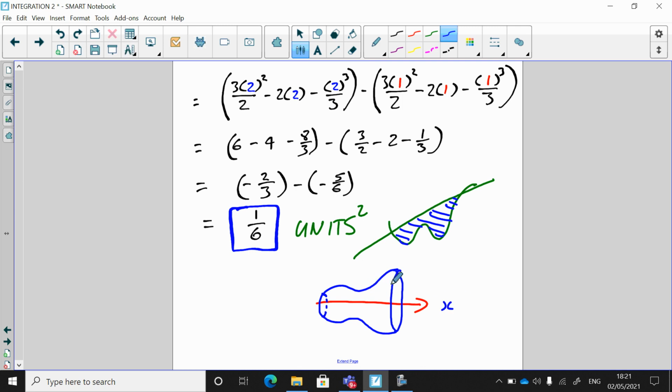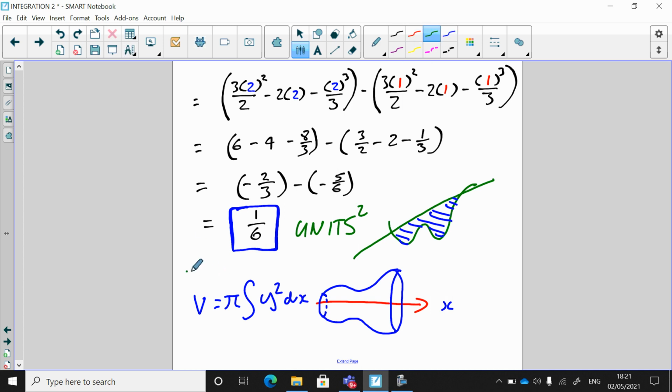So you could be coming up with some kind of volume there, and if you are, that would be the integral of pi y squared in relation to the variable, dx.